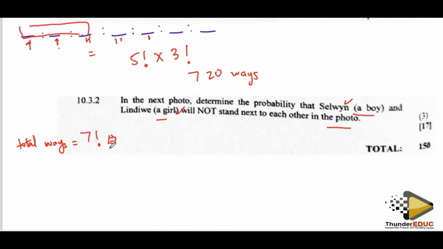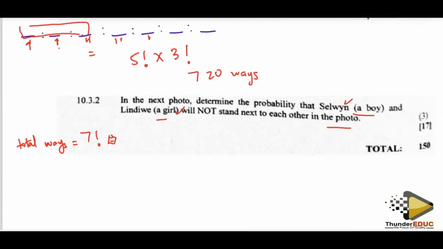Okay. Then for us to find the number of ways of these people standing next to each other, we need to look at what are the chances of them being together, and then we can subtract from the total number of ways.